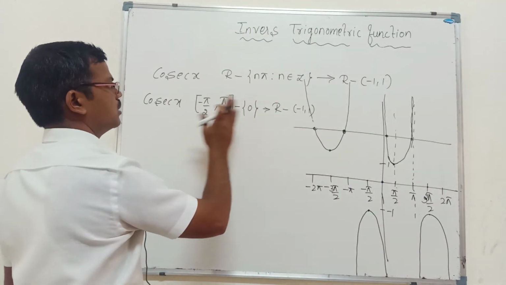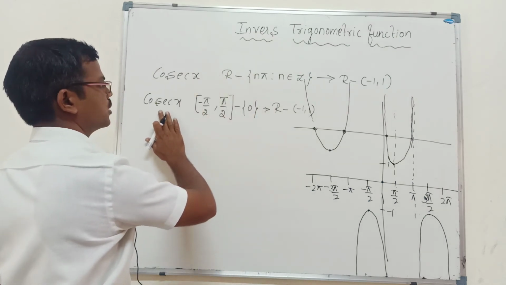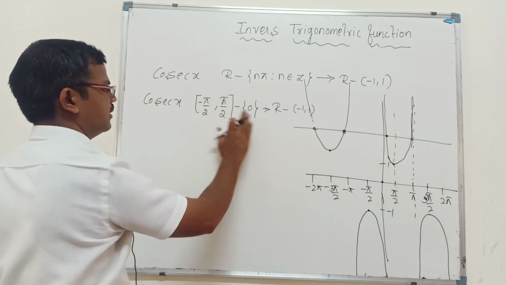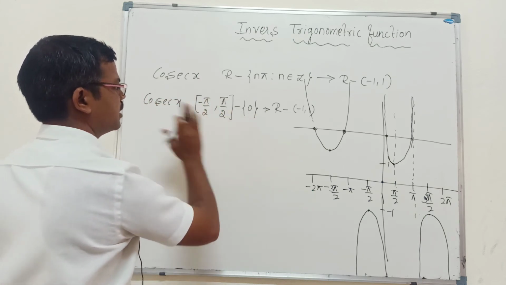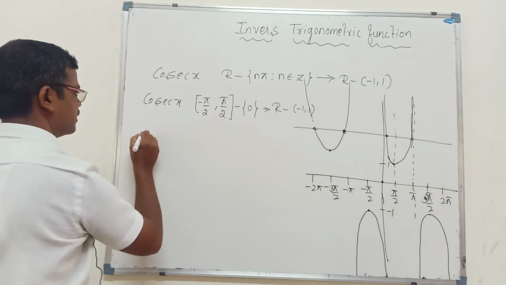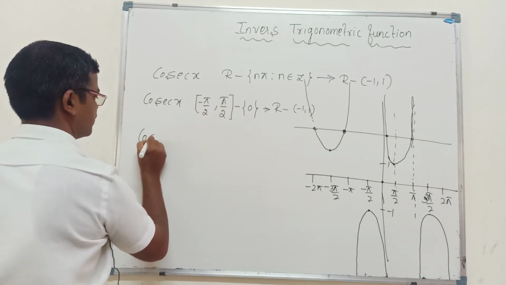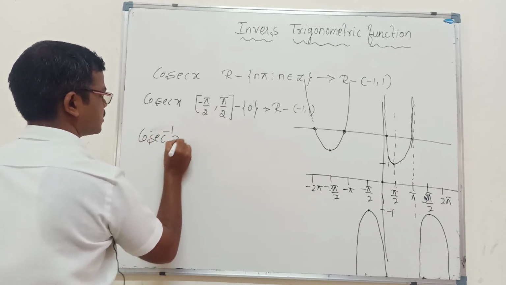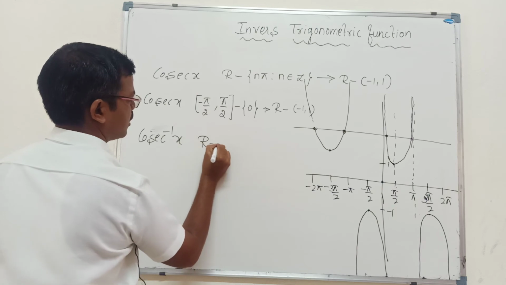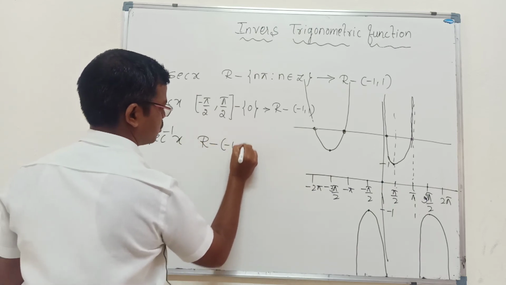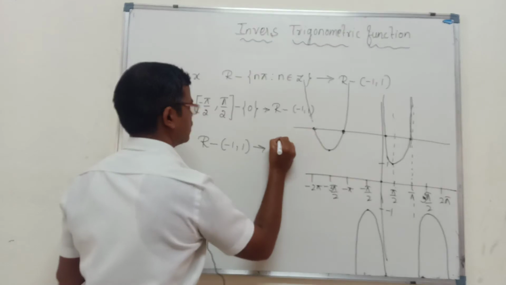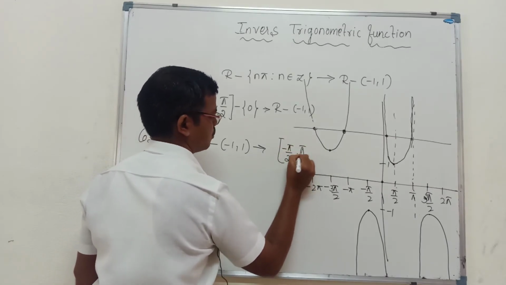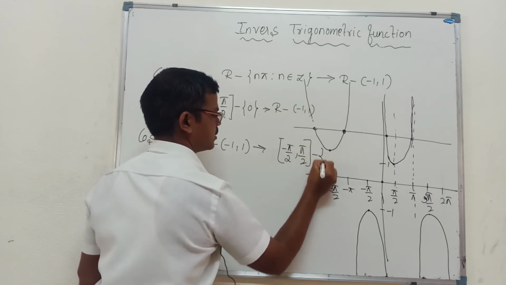Now in this interval our trigonometric function, the cosec, is both one-one and onto. If it is both one-one and onto, then it is invertible. If it is invertible, then it has an inverse, and the inverse of this function is defined like this: cosec inverse x is a function from R minus (minus 1, 1) to minus pi by 2 to pi by 2, minus 0.